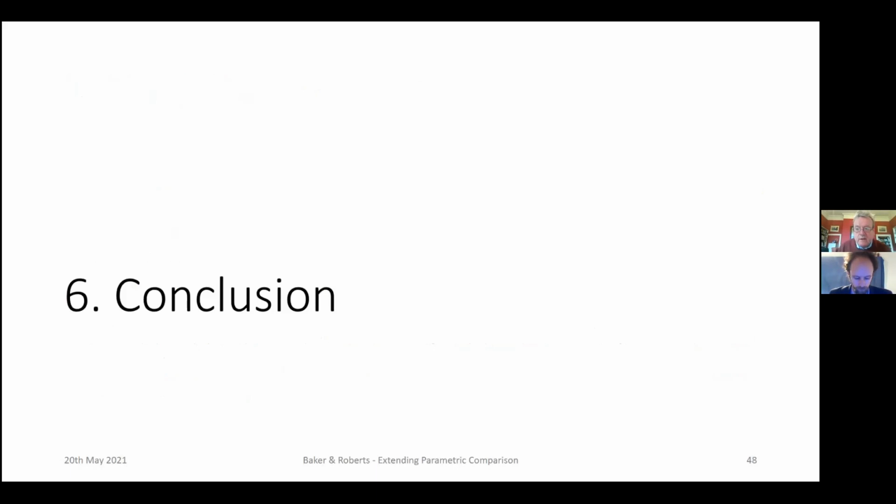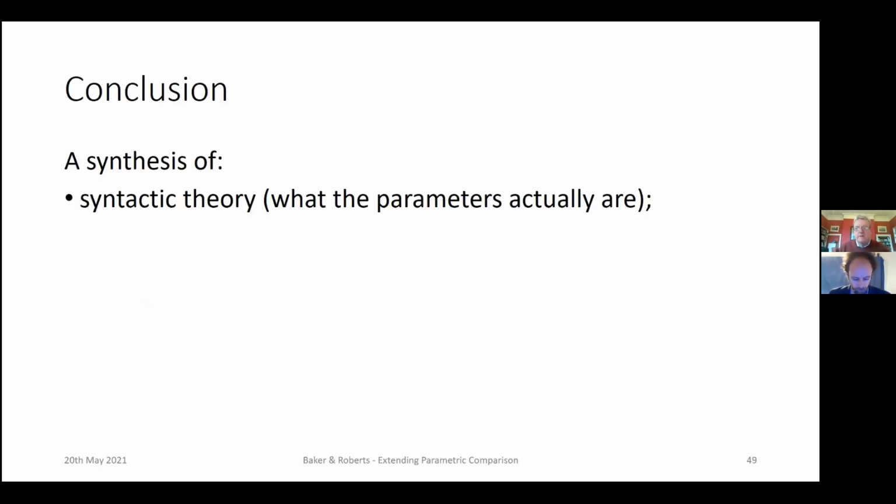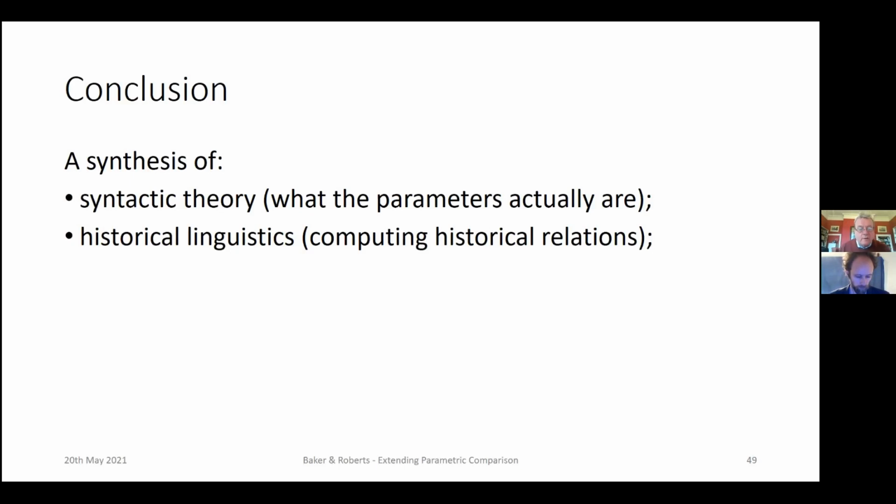As you can see, these are largely interim results, and we hope to be able to report back more fully in the future. But our basic conclusion is that the main interest of this work is that it brings together several different strands. First of all, syntactic theory: the sine qua non of all of this is to be able to define the parameters properly in a theoretically informed fashion. Obviously, the results are relevant for historical linguistics because we're able to actually compute and quantify historical relations.